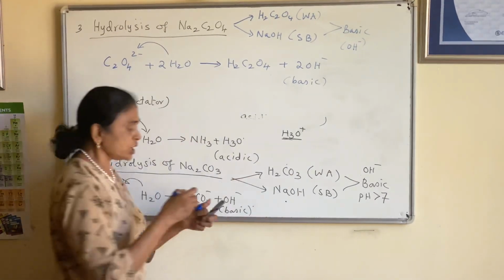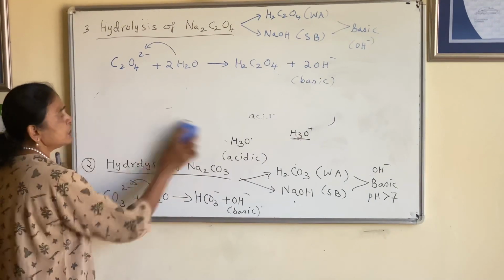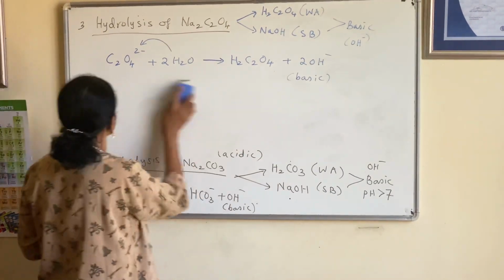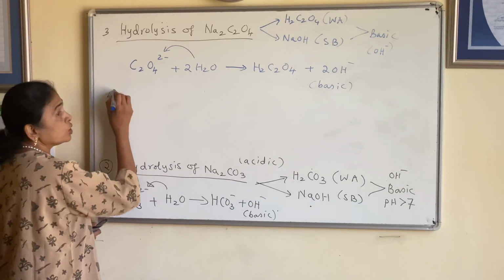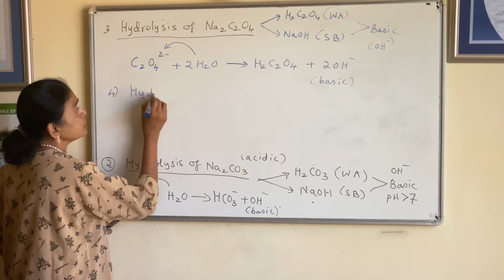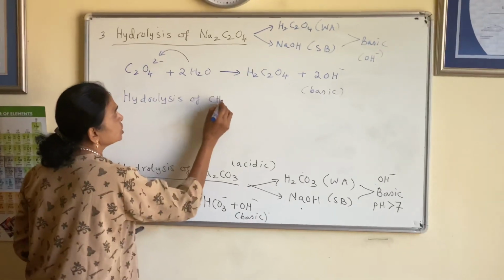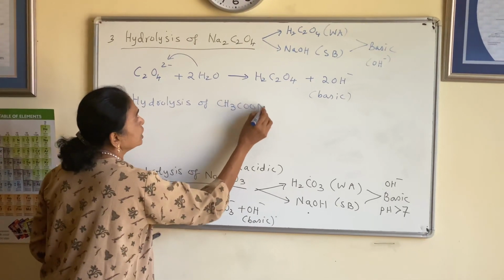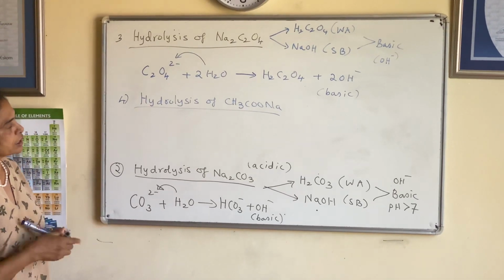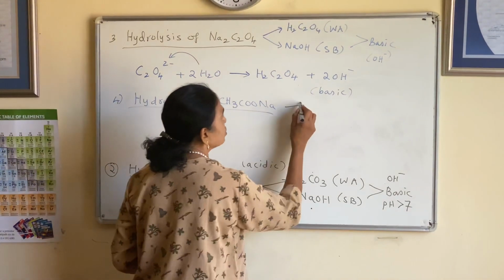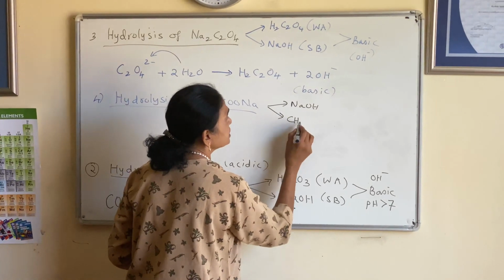There is one more last example, sodium ethanoate. I have seen only one out of these 4 always in the examination, but the first 2 are very, very important. Hydrolysis of sodium ethanoate. Here the base is sodium hydroxide and the acid is ethanoic acid.